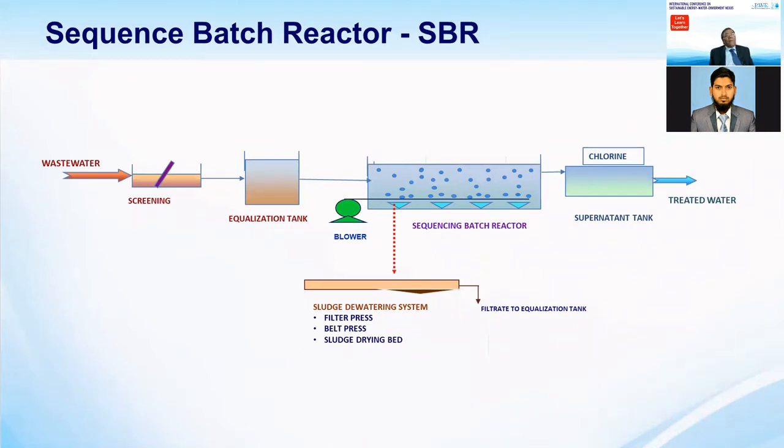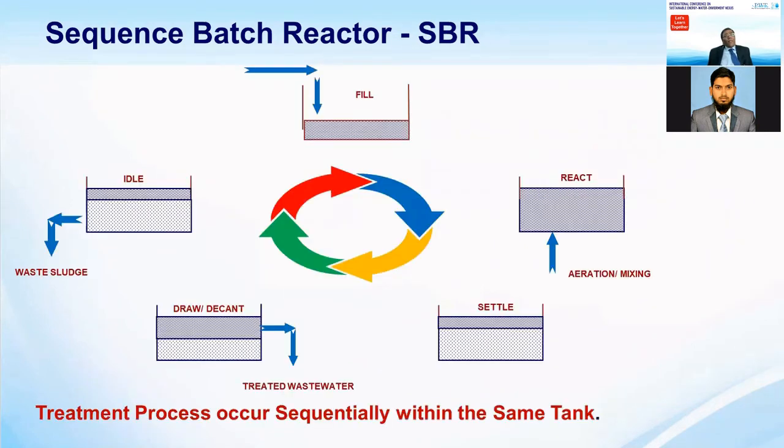And as the bacteria grow, the biomass grows. These SBRs are normally used for industries which have low flows, and especially for small sewage treatment plants, for hotels, schools, and the like. We have a sequential batch reactor, SBR.